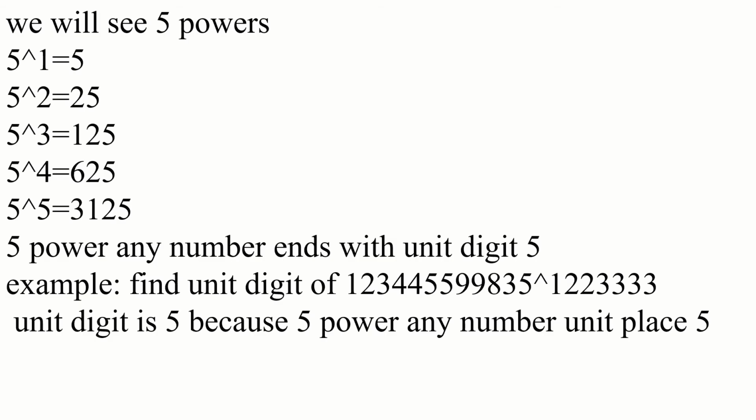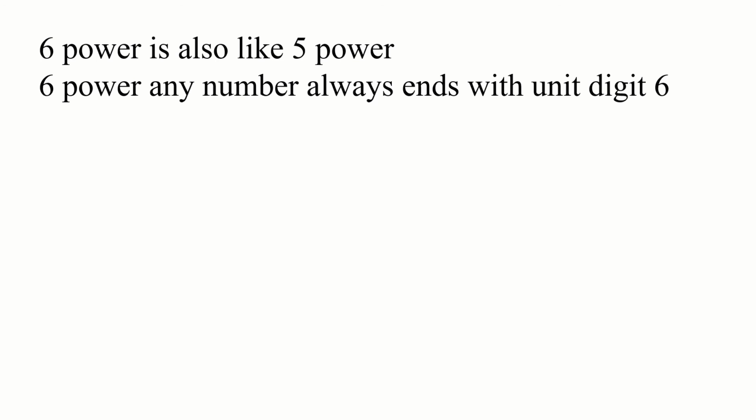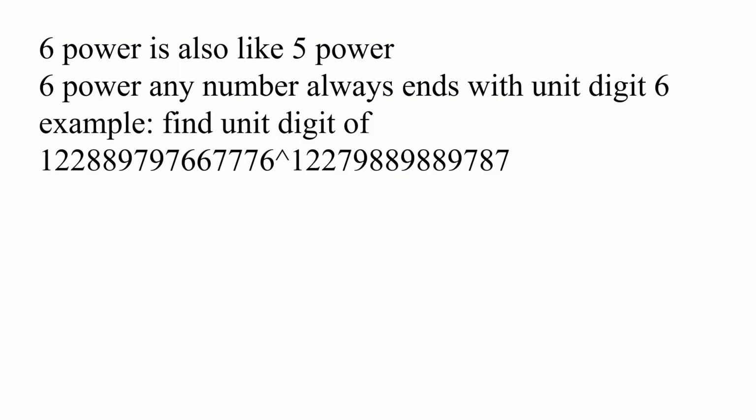So very simple. 6 is also very simple, because 6 into 6 is 36, 36 into 6 is 216. If 6 powers are there, the unit digit is always 6. You can observe these patterns. So 6 power anything is 6.